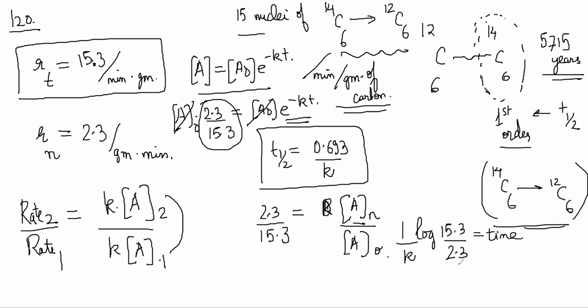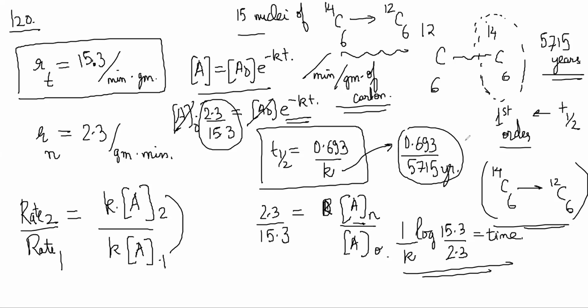And k can be found from the half-life that is given. We need to be consistent with the units, minutes or seconds or years, but it doesn't matter so much. Whatever half-life is given in years, just write everything in years. So 0.693 by 5715 years, half-life is 5715 years, right?